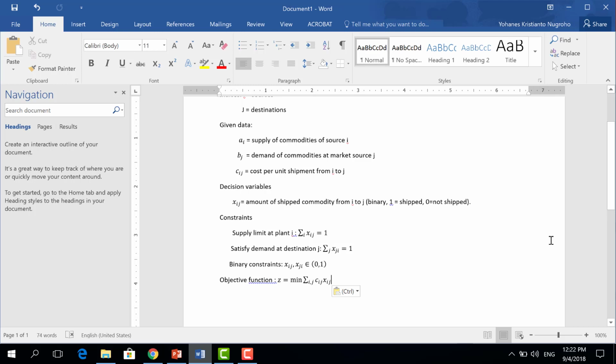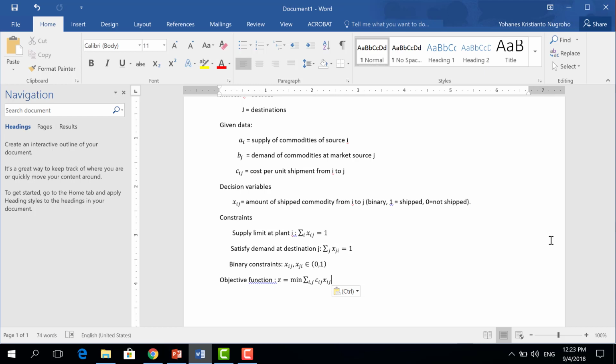Similarly, we also have a binary constraint here. As I said before, the variables can have only either 1 or 0. 1 means there is a shipment, 0 means no shipment.